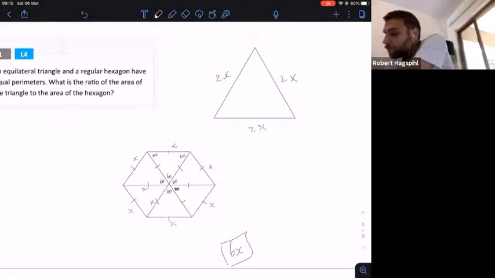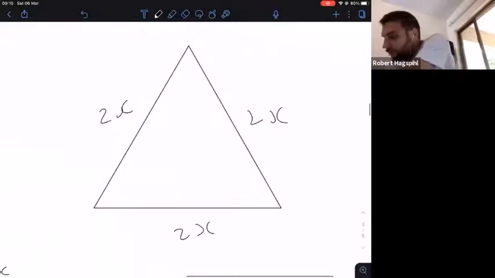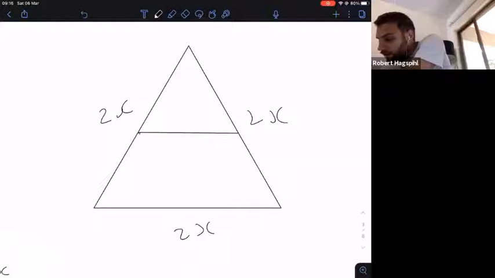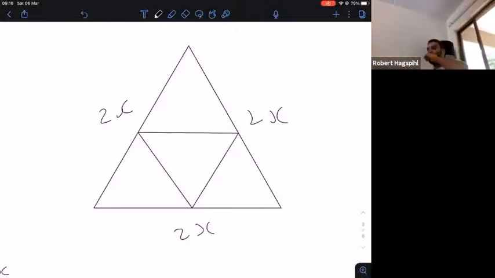Okay, now another trick that you need to know is that an equilateral triangle, and again, this is maybe not going to look so hot because my initial drawing wasn't so great, but if I go and do that, all right, this is 60, this is 60, and this is 60.